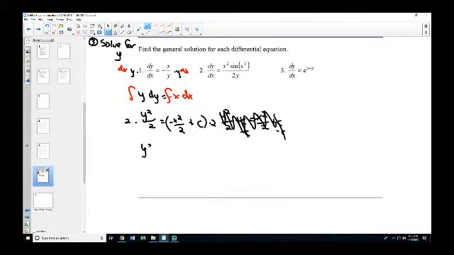So y squared equals negative x squared plus 2c. And now we root, right? Don't forget, it's going to be positive or negative. There you go. You've just found the general solution to that differential.